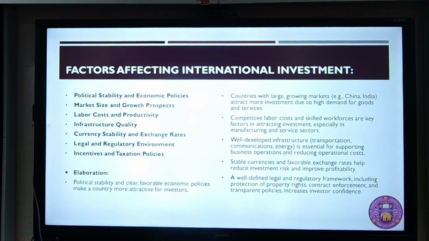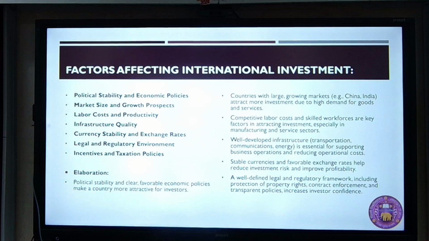And what happens is that once it enters developing countries such as India or China, these foreign companies would like to start producing in these countries like India and China. They will start producing, set up their manufacturing here, produce at low cost, then export the same thing to US. So this labor cost and productivity will play a big role.